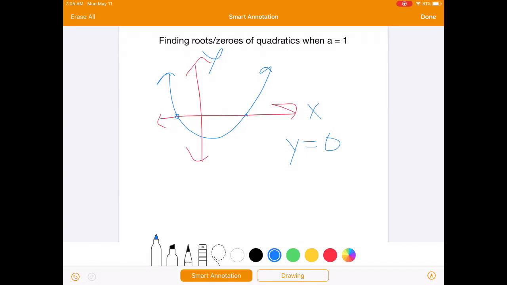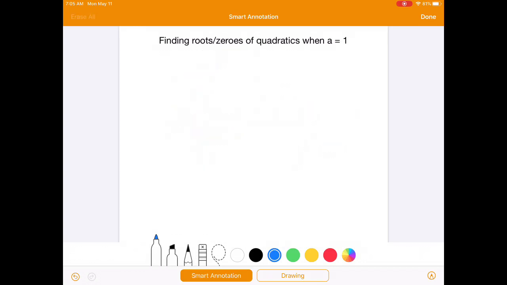And with parabolas, remember they're symmetric, so typically there are two different zeros or two different roots. Now, it is entirely possible that there are 0 roots for quadratics, and it's possible for there to be just one. For example, if we have our x and y axis, and say our parabola looks like this, where the maximum occurs below the x-axis, there's no way that this is going to hit the x-axis.